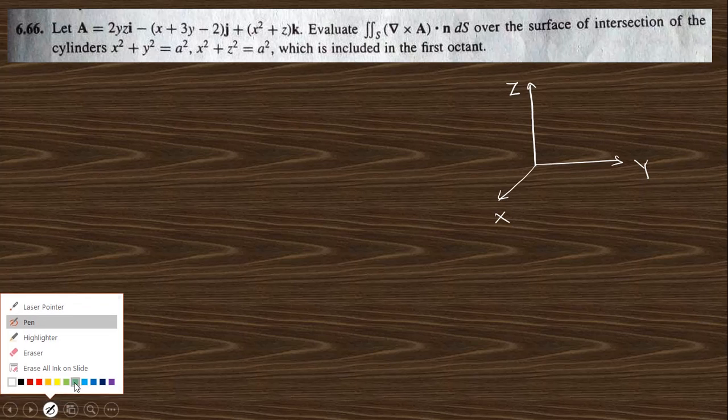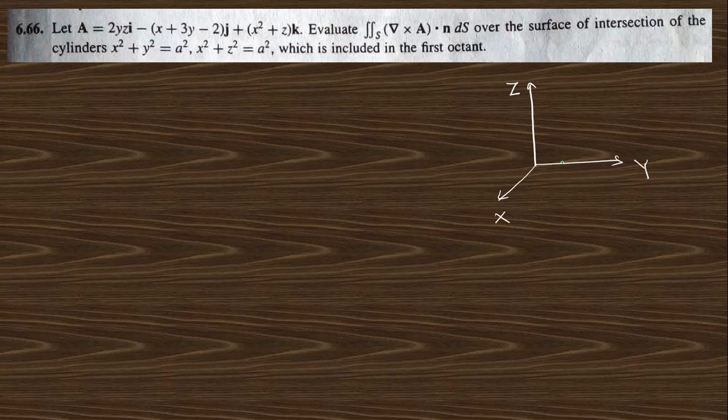Okay, so if I want to draw the surfaces of these two, this is taken as x, this is taken as y, and this is taken as z. x square plus y square equal to a square means the circle will be like that. This is a circle, and along this direction it is a cylinder like that.